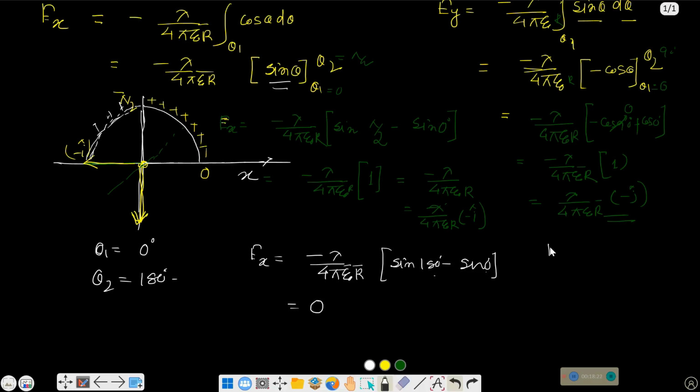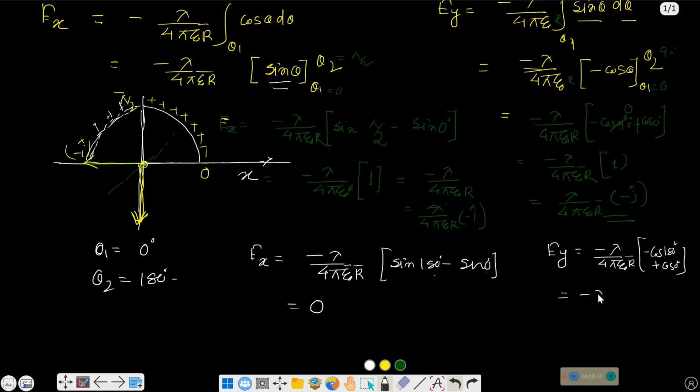Now the overall electric field will be along the y direction, that is Ey, which is minus lambda by 4 pi epsilon naught r times minus cos 180 degree plus cos 0 degree, okay.